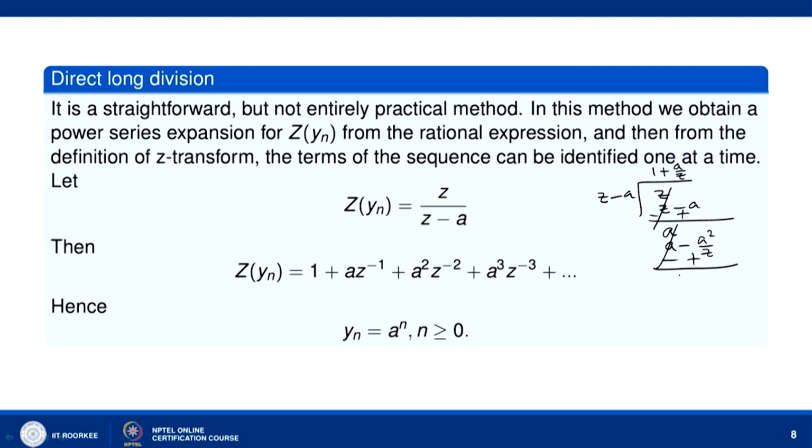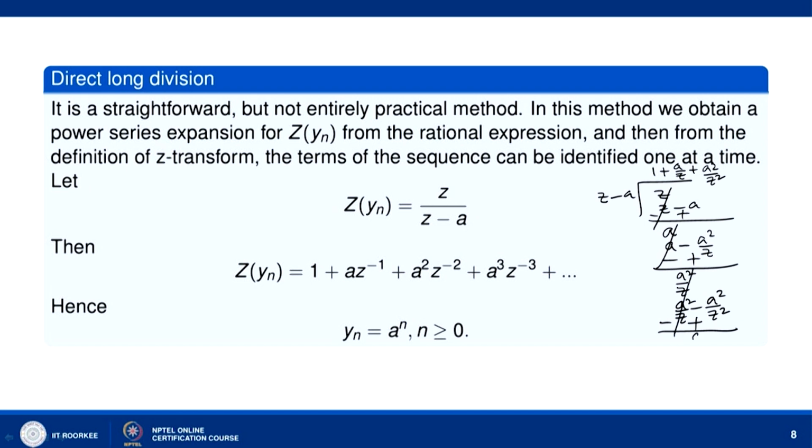Okay. So, this will cancel, now you have a square by z. In order to cancel this a square by z, we have to multiply by a square by z square. So, we get a square by z minus a cube by z square.